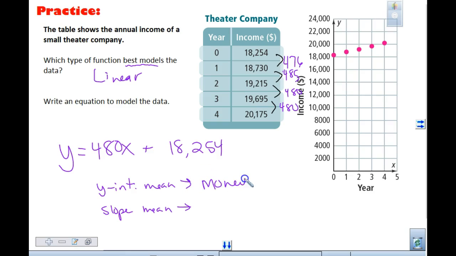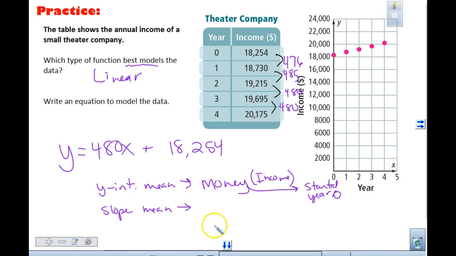The money, or in this case, our income, right? How much we had in our account, our money we started with. Year 0. We do not know what calendar year 0 is. It's the first year, like before we started that company, we had $18,000 that we set aside that was ours for the company, right? What does our slope mean?